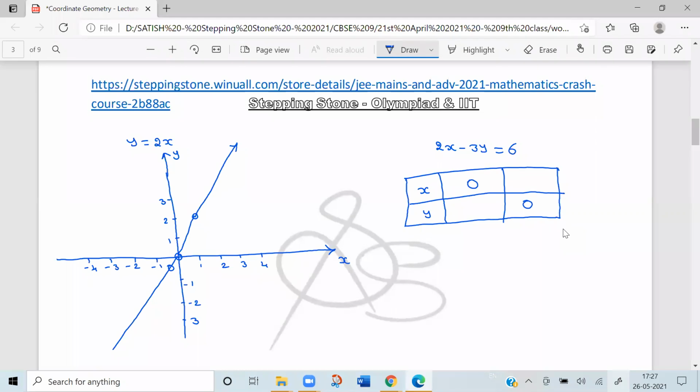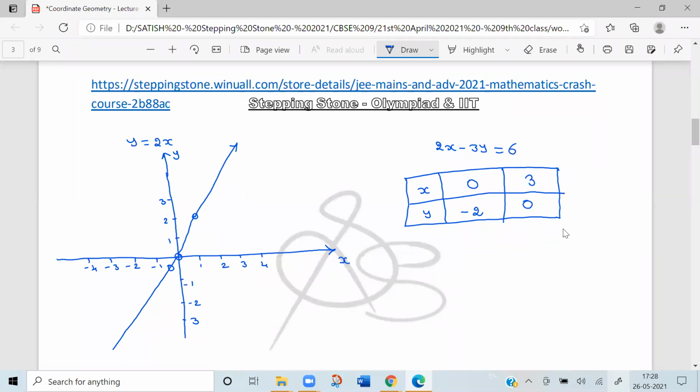Now, when x equal to 0, what is the y value? So plus 2 or minus 2? So when x is 0, y is minus 2. When y is 0, what is the value of x? So plus 3. Now, these 2 points are enough.